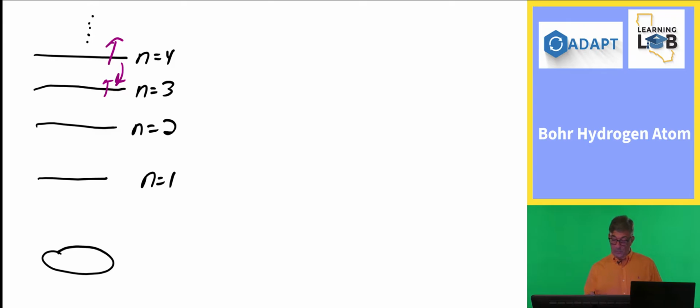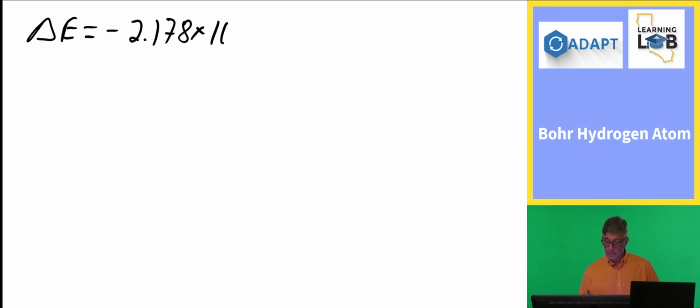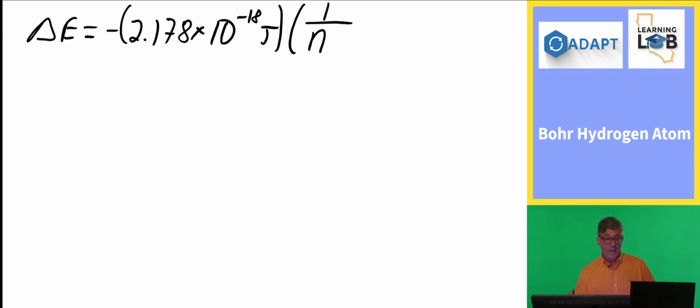The way that we're going to identify this is we're going to calculate the energy of the transition, delta E, equals minus 2.178 times 10 to the minus 18 joules, multiplied by the inverse of n final squared minus the inverse of n initial squared.